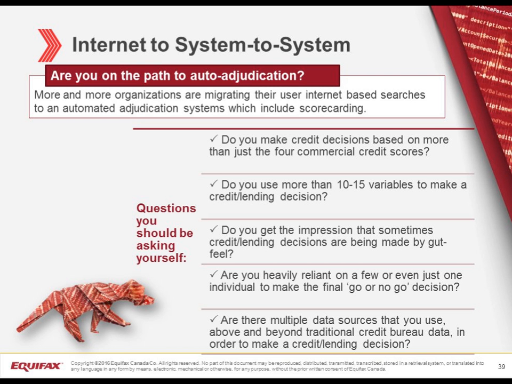And as well, are there multiple data sources that you use above and beyond just the traditional credit bureau data to help make a decision? Are you using business credit reports? Are you using social data? A lot of companies who have system connections pull in other data sources as well, so you use it as one of multiple pieces of information to make a decision.